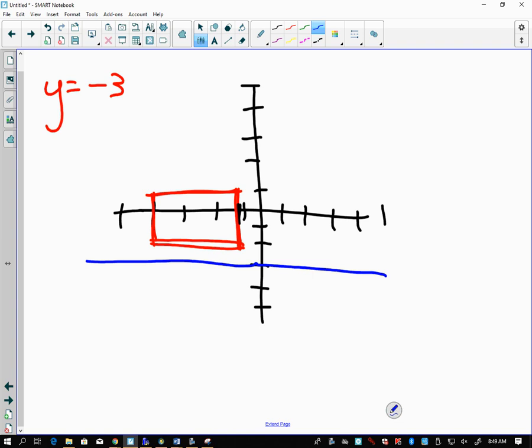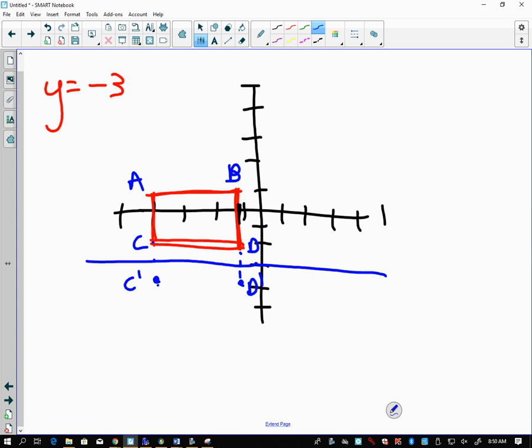Okay? So what I'm looking at then is I need to go the same distance. So this point comes to here. This point comes to here. Okay, so if I label this A, B, C, D, this is what we call C prime and D prime.